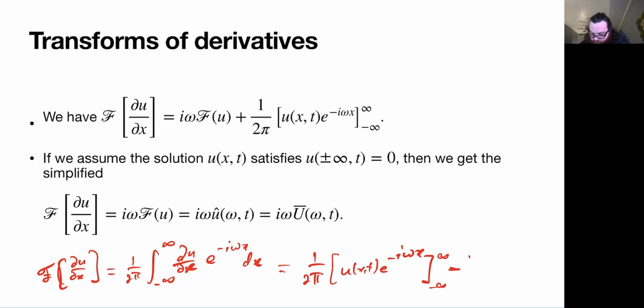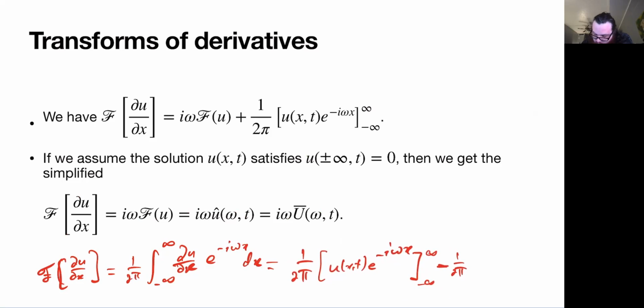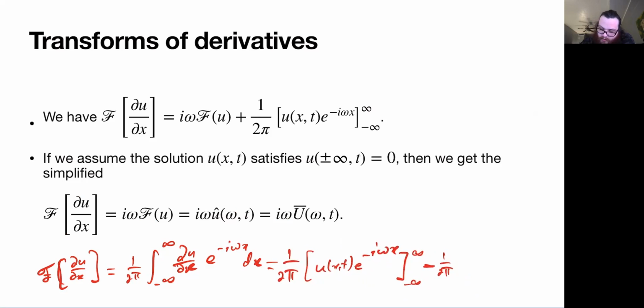Minus, and distribute that 1 over 2 pi, 1 over 2 pi the integral from minus infinity to infinity of v du, where v is our u of x comma t.